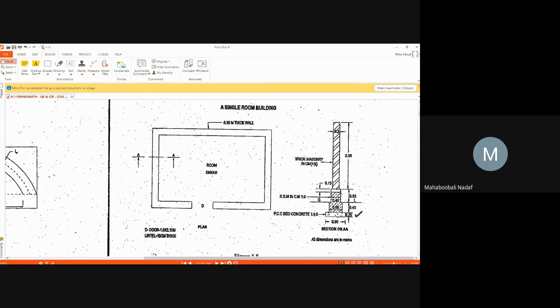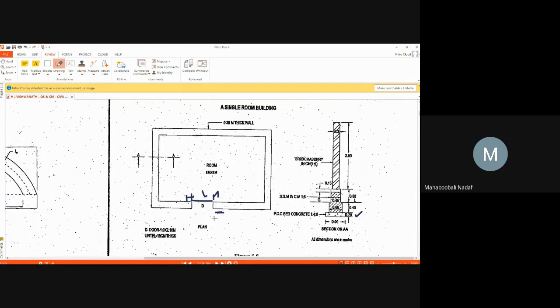The lintel length is the opening length plus 0.15 plus 0.15; it is an assumption. The lintel will cover just some extra distance above the opening. The lintel extends a little bit on this side and a little bit on that side. That is called the bearing of the lintel.